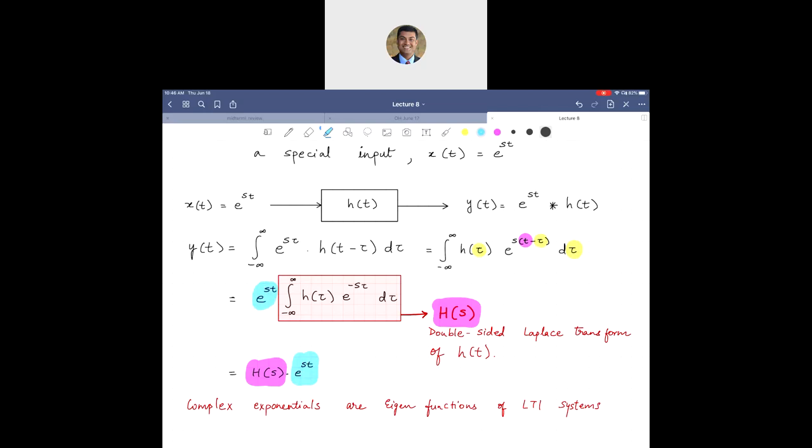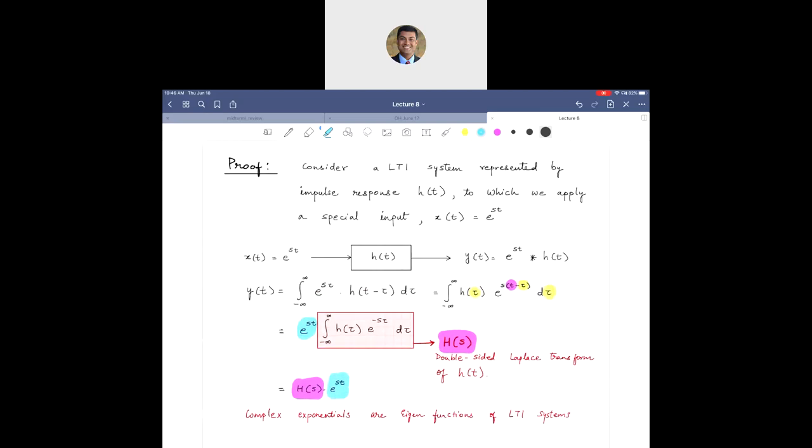So one statement that summarizes this proof: complex exponentials are eigenfunctions of LTI systems, and the corresponding eigenvalues are capital H of s.